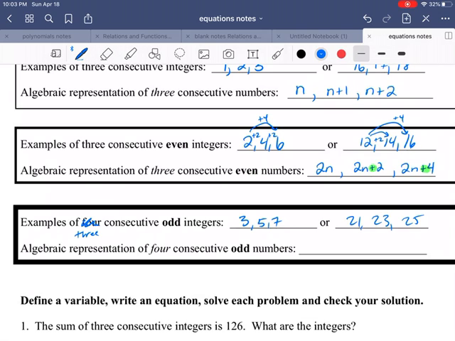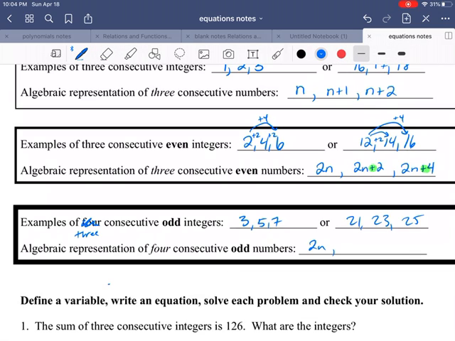Well, the first thing we want to do is call the first number 2n. Now 2 multiplied by any number is going to equal an even number, so at least we can get to where they're going to be even numbers.